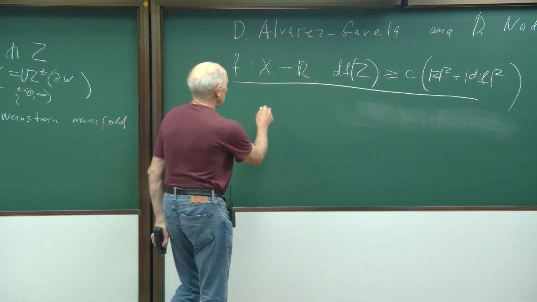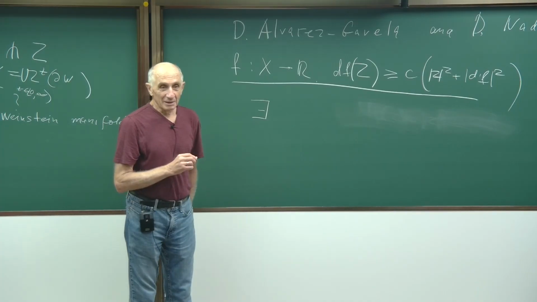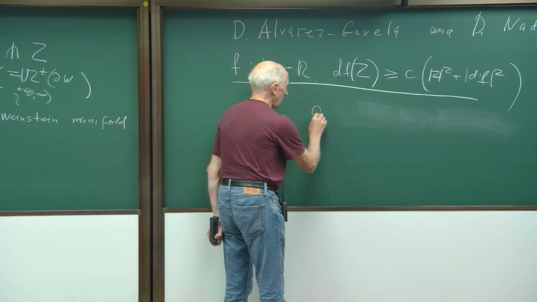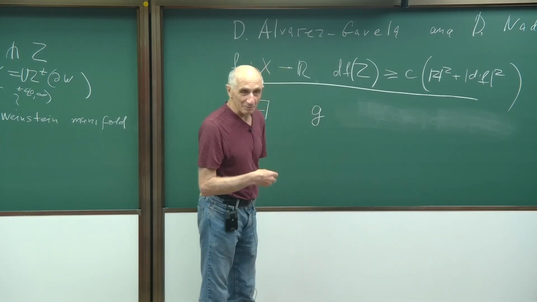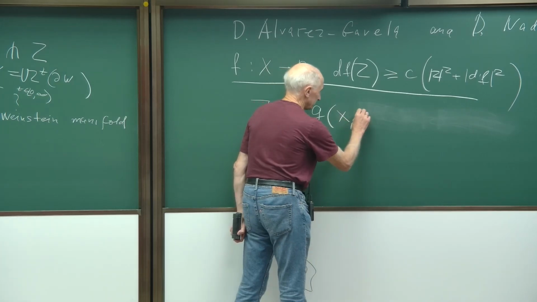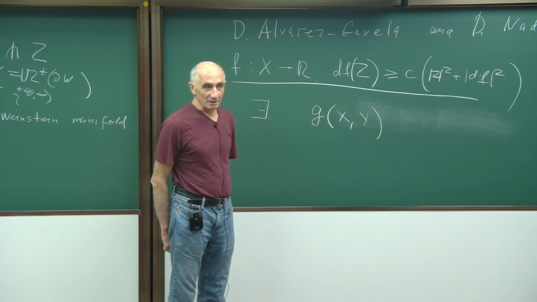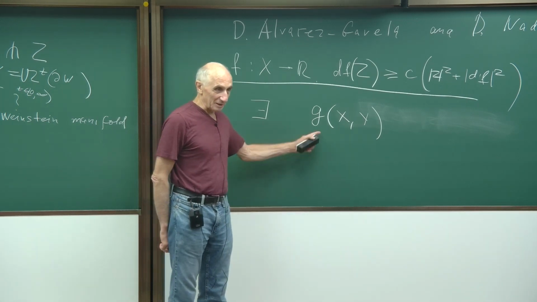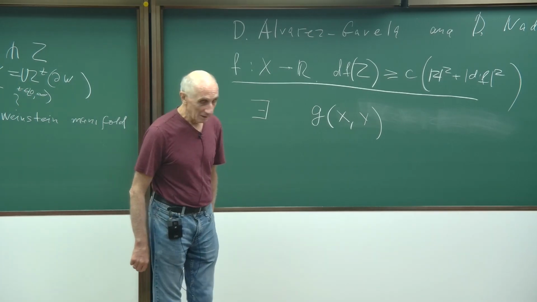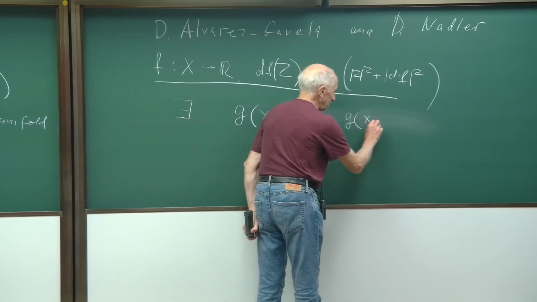You say that there exists some non-symmetric metric, some kind of almost Riemannian metric, so that means it's a two-tensor, some field of non-symmetric bilinear forms, such that it's positive definite again.